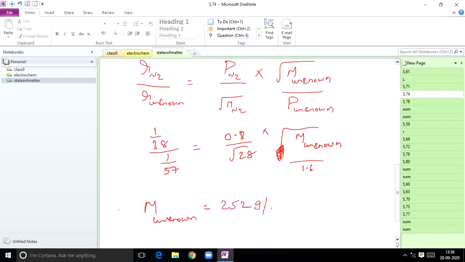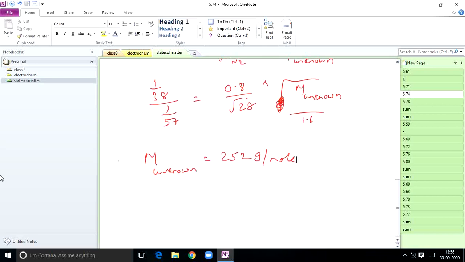This is the molecular mass of the xenon fluoride. We don't know XeFx, I don't know how many fluorines are there, that's why XeFx is equal to 252.